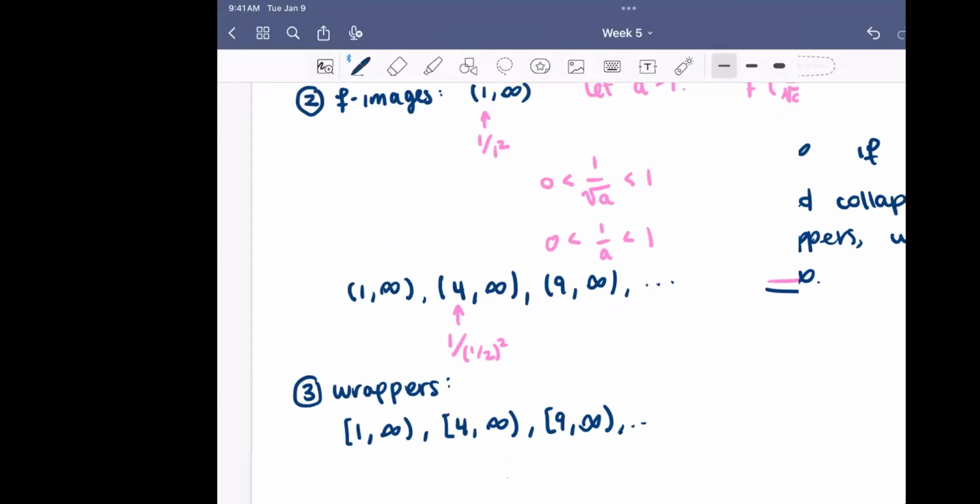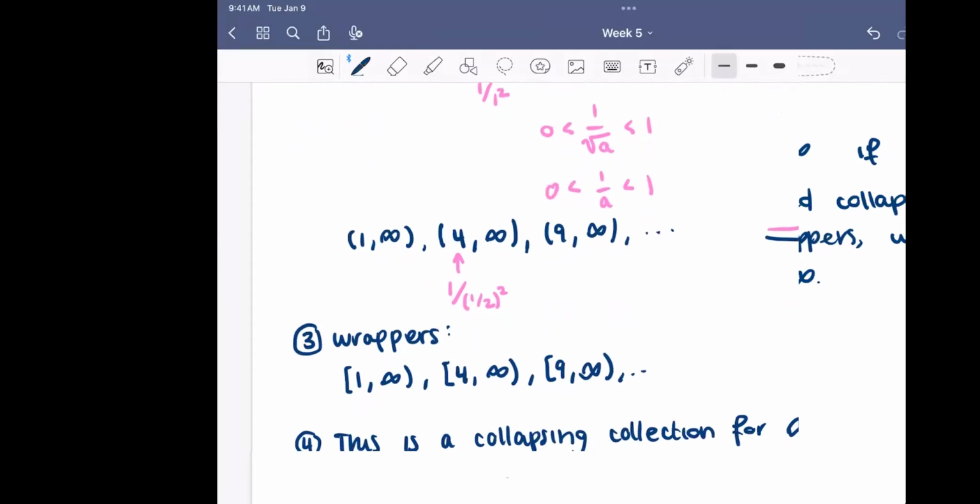So that means that we can say that the limit as x approaches 0 from the right of 1/x² is equal to infinity.